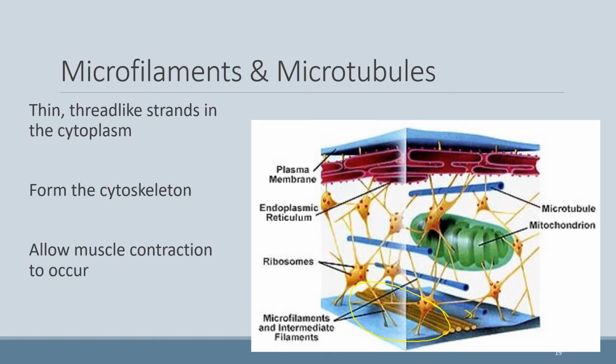They could be lying kind of in this configuration, or they could be kind of like spread out throughout the cell like this here, and this would provide us with some structure throughout the cell. Again, actin and myosin are the names of the 2 microfilaments that are involved with muscle contraction.